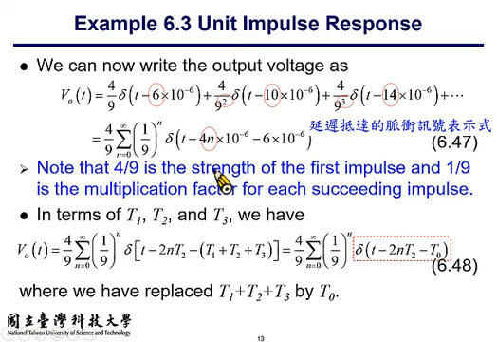As you can see, there are summation of delta functions with different time delays. The first term comes with a time delay of 6 microseconds, the second term comes with 10, and the third one comes with 14 microseconds. And the magnitudes are different as well. Have you noticed that the magnitudes are getting smaller and smaller?